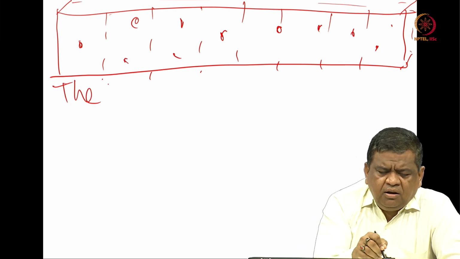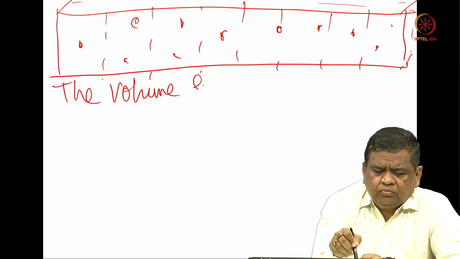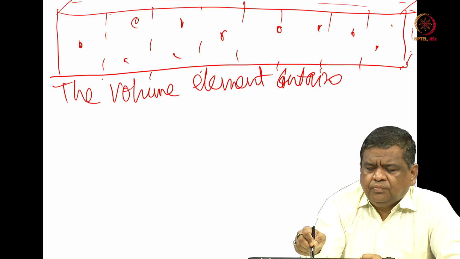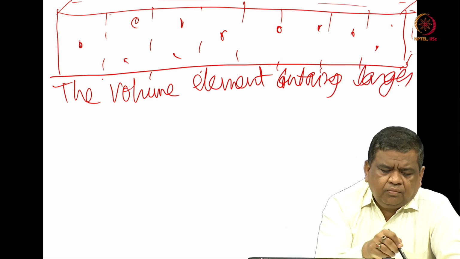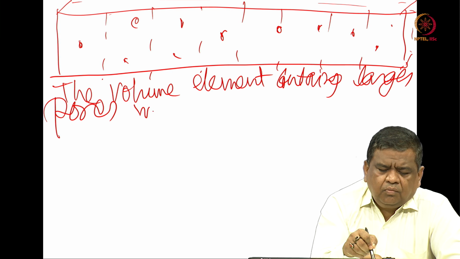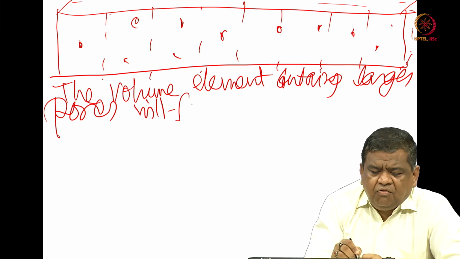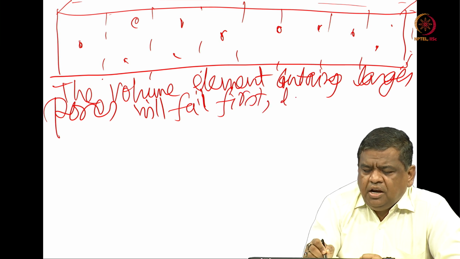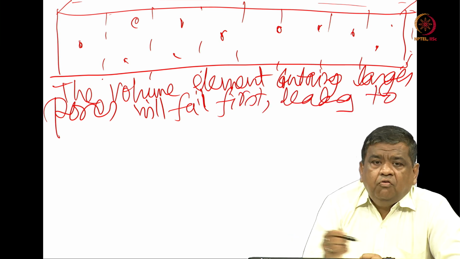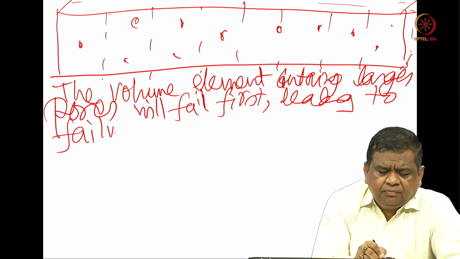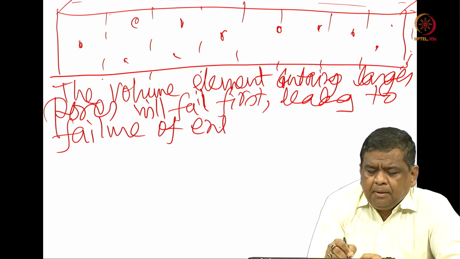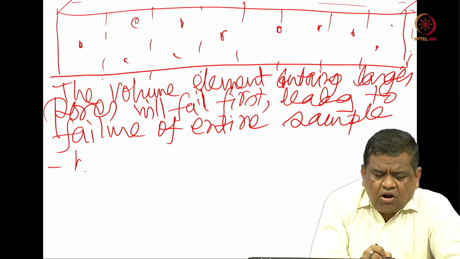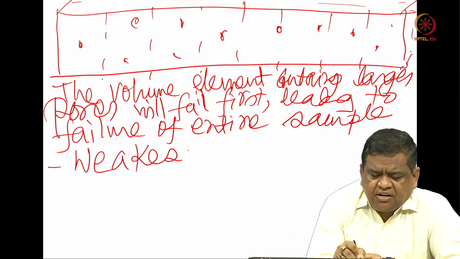The volume element containing larger pores will fail fast, leading to failure of entire samples, right. So, this actually leads to a theory called weakest link fracture statistics.